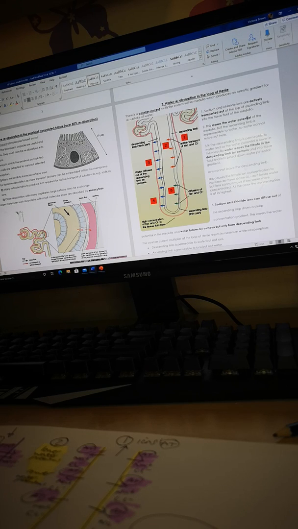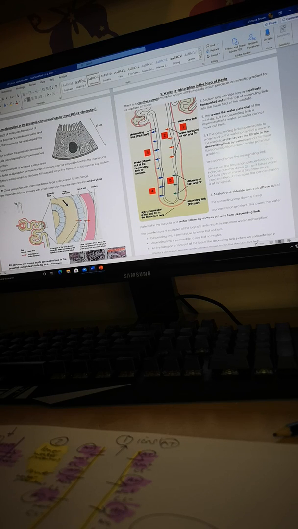This lowers the water potential in the medulla, but remember the ascending limb going up is impermeable to water, so water can't move out of the ascending limb, but the descending limb is permeable to water, and as the water potential is lower in the medulla, water leaves the filtrate in the descending limb by osmosis. Once it gets into the tissue fluid of the medulla, it then just moves back into the blood down the water potential gradient.